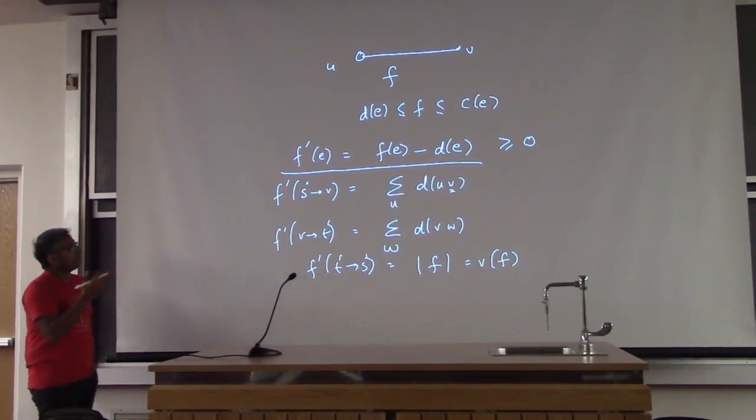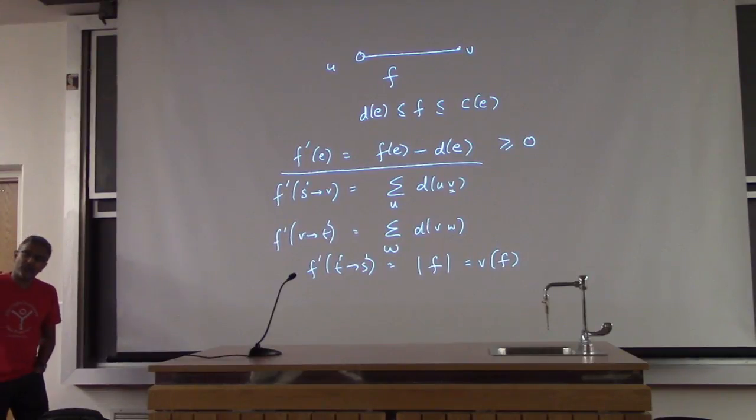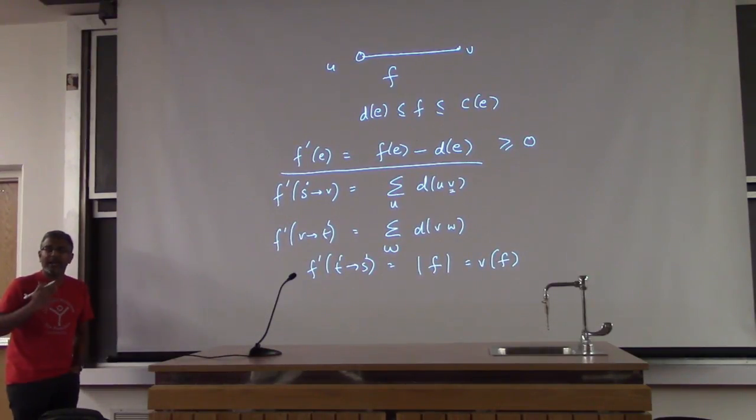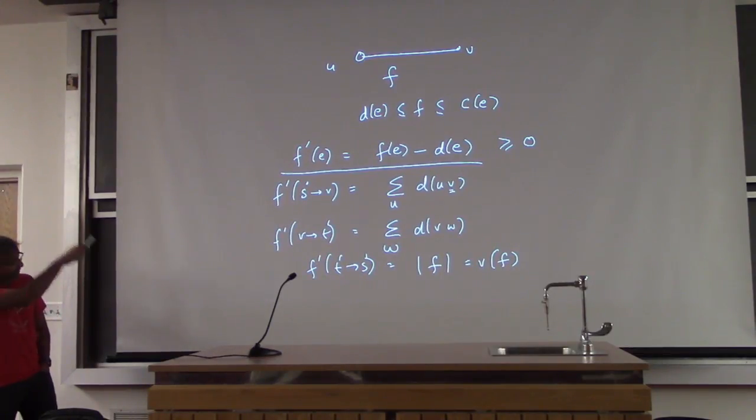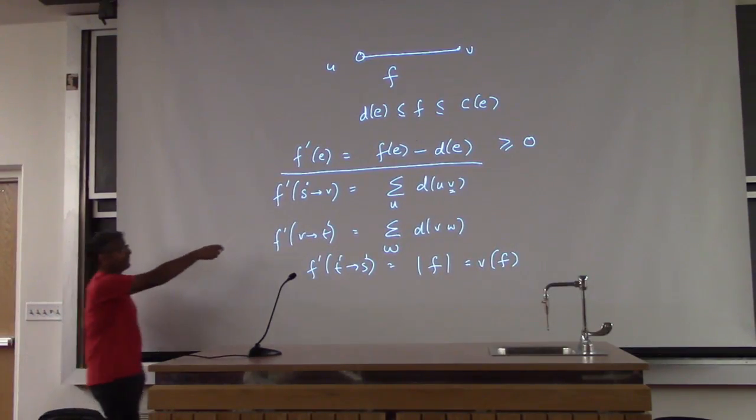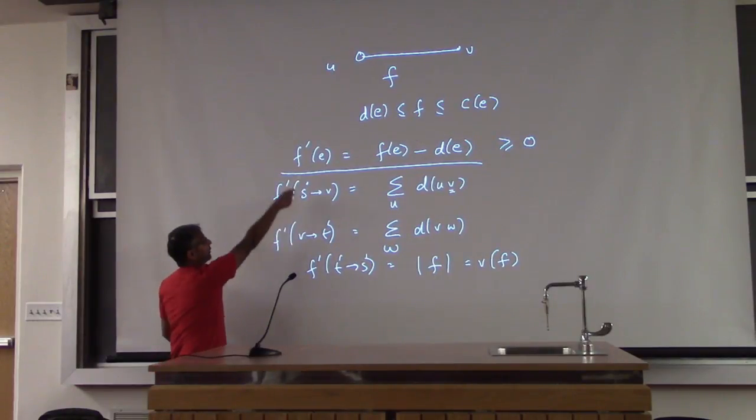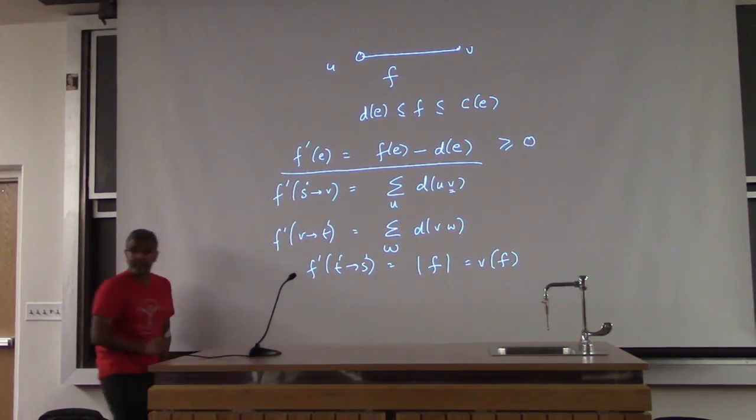So, like I said, given the original feasible flow, I am going to construct what I claim is a valid flow in the new graph. This is the way in which I'm constructing it. I've specified the flow values for every single edge, the original edges and all these new edges I've added in.